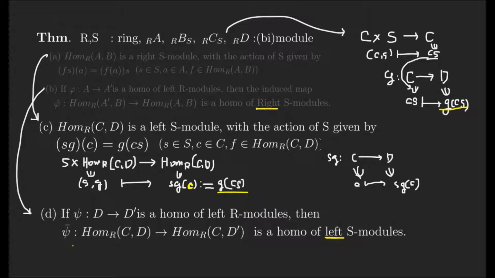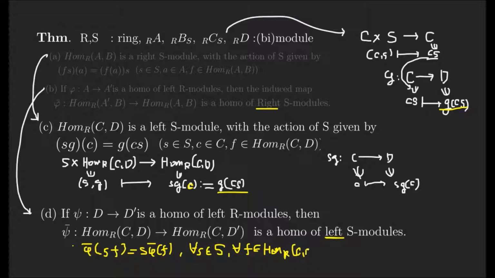Comparing to this is a right R-S module, this is a left R-S module. So the remaining thing is phi, if s is an element in S, is equal to this, for s in S, and for all f in Hom_R(C, D).